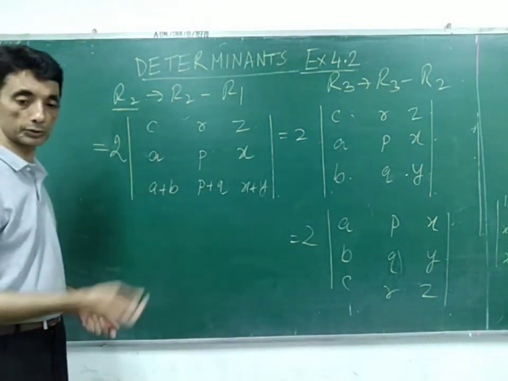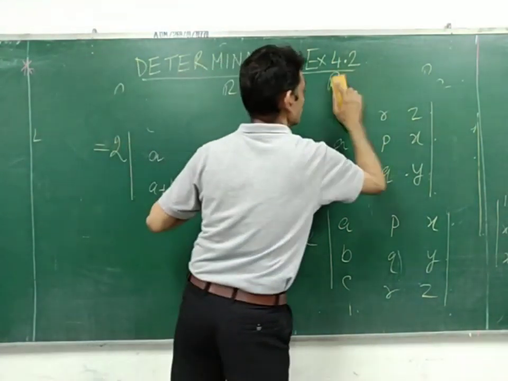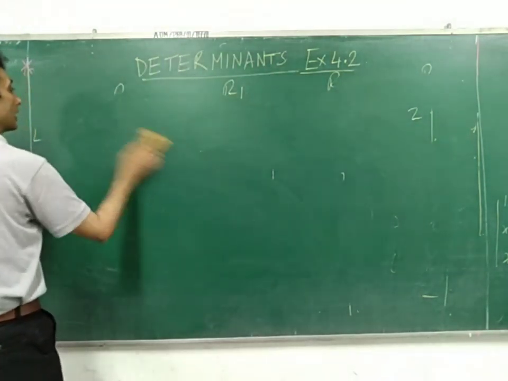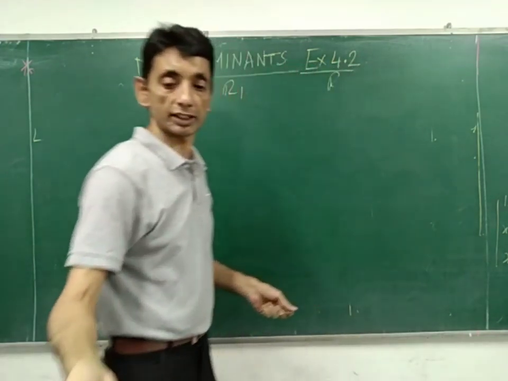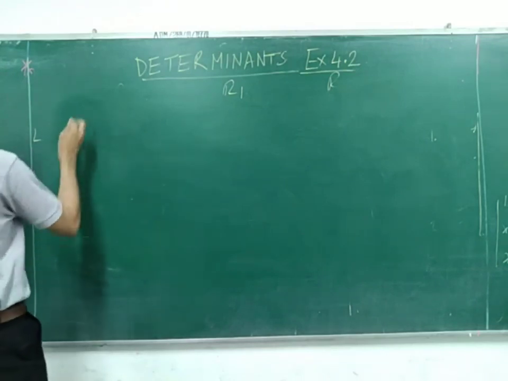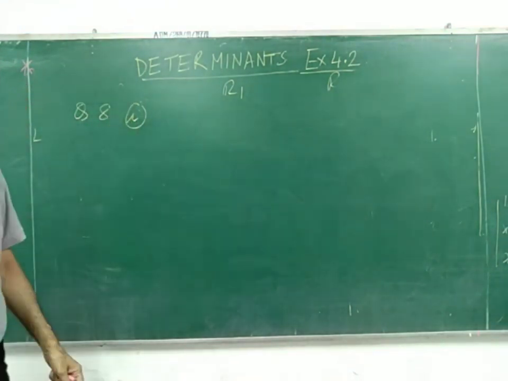Okay. We'll move to the next question. The next question will be an easy question, from question number 8. There are two questions in question number 8. We'll take question 8.1.